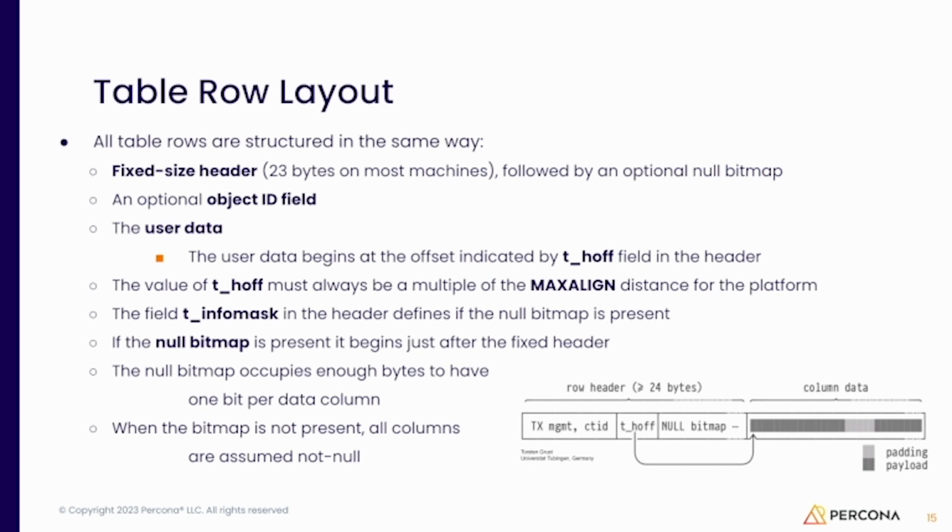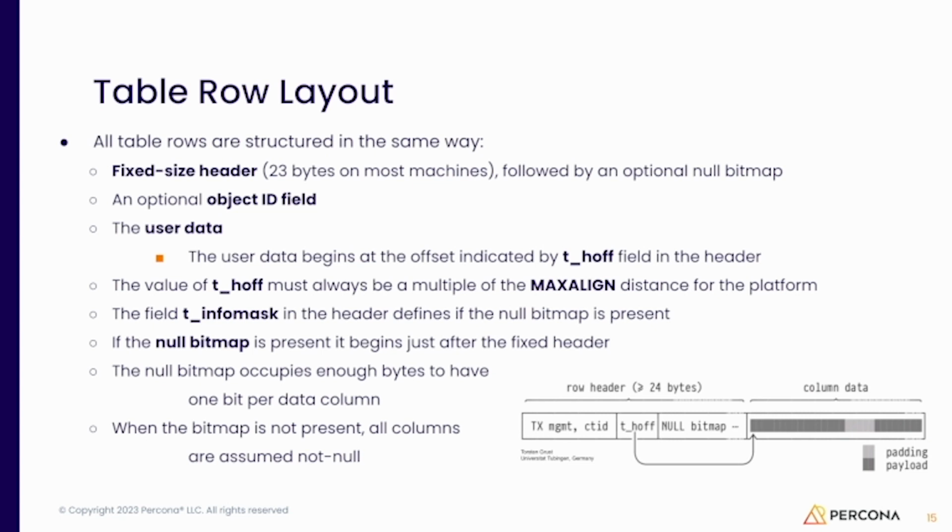This is the data. On the header, we have information about nulls, if we have nulls inside of the table. We have the physical address of that row. We're going to see soon how that happens.